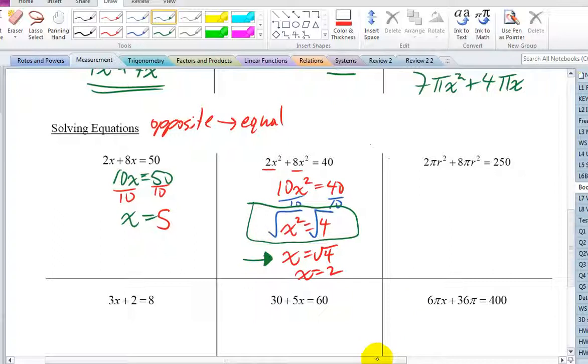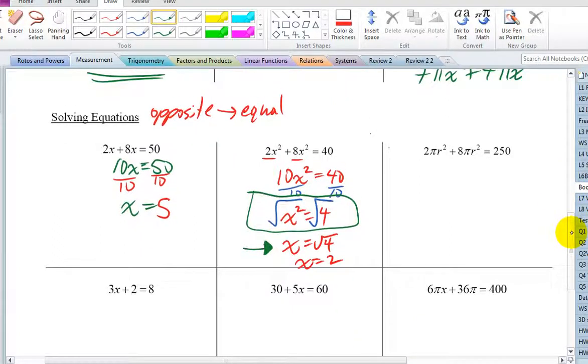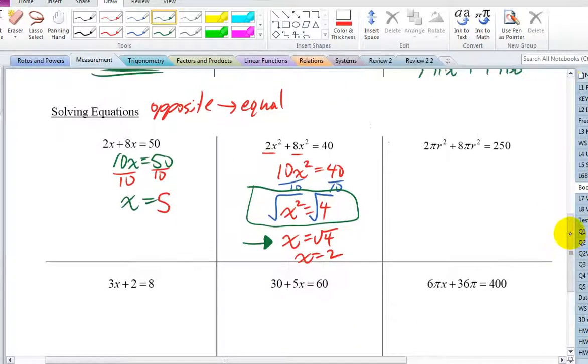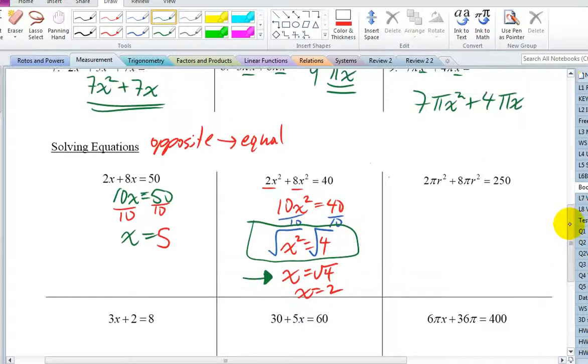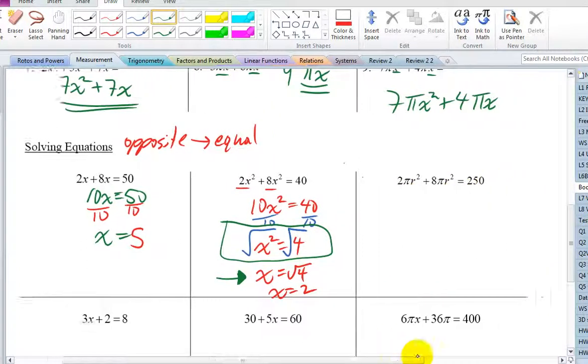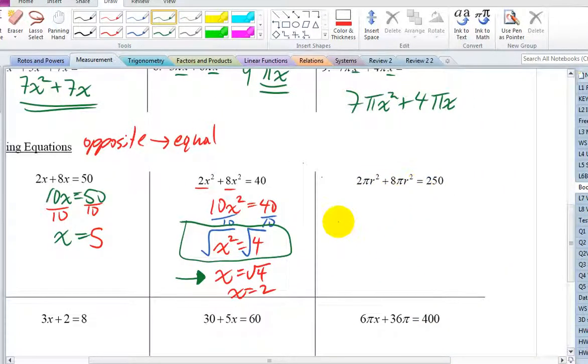All right. I want you right now to practice. Let's try this next one over here. How many pi r squareds are there? 10. And that equals 250. So how do we get r squared by itself? There's 2 things we have to get rid of.